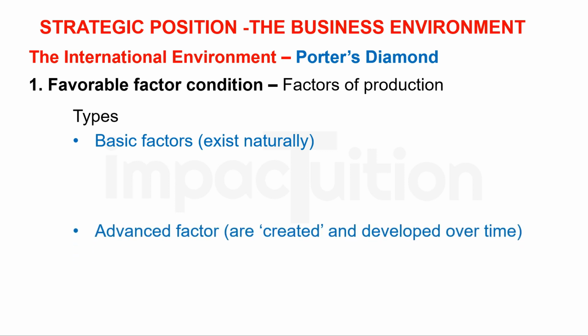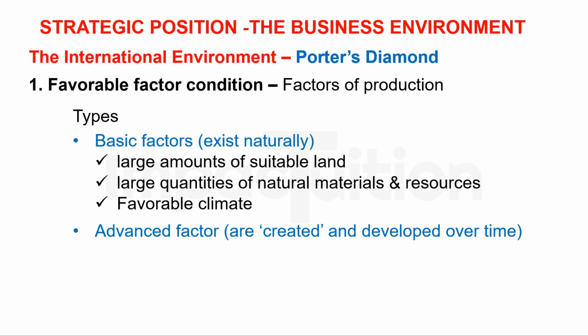Now, the basic factors are those factors of production that exist naturally. For example, large amounts of suitable land for agriculture, large quantities of natural materials and resources, and a favorable climate. These basic factor conditions exist naturally.